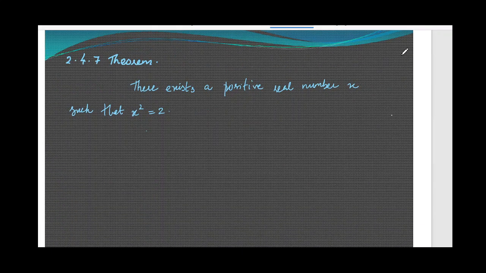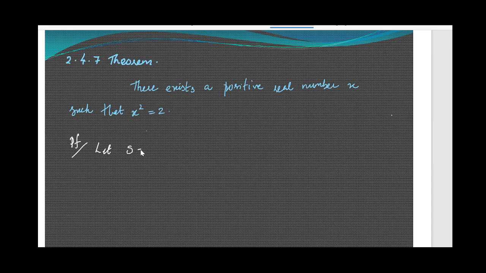2.4.7 theorem. There exists a positive real number x such that x square equal to 2. So the proof structure is we will first of all create a set.